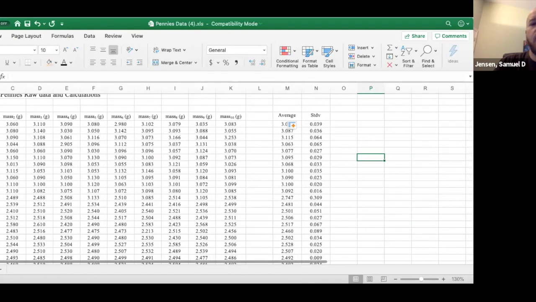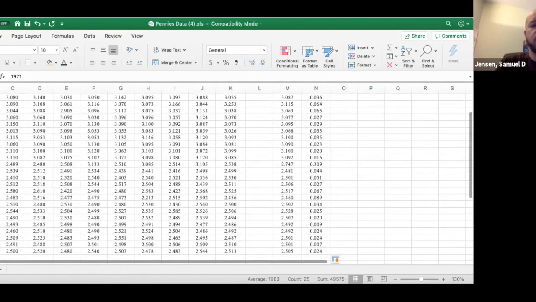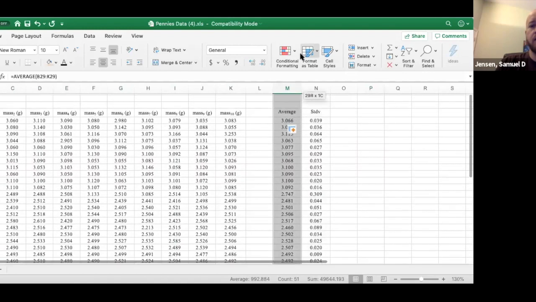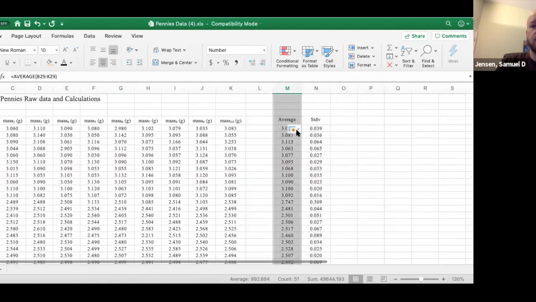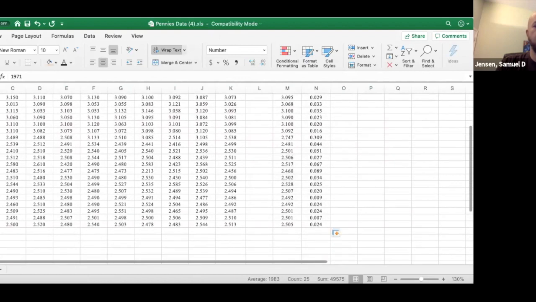But then you want to get an average. You want to take the year versus the average mass. It's in the equations on the main page. I can go back to it and look at it.